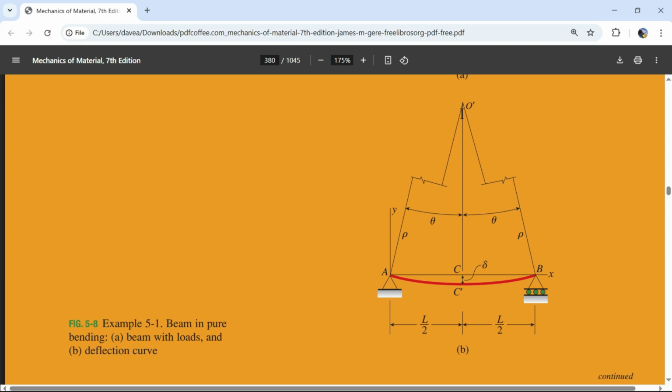And that's going to be rho, and then subtract this, rho times cosine theta. And then we use that to find theta, but theta is 100% accurate because this is the neutral axis, and it's in an arc, and we know the radius.